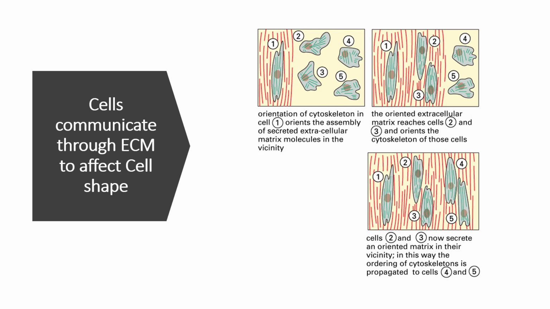The oriented extracellular matrix thereby reaches the cells and orients the cytoskeleton of those cells. Further, the cells now secrete an oriented matrix in their vicinity. So basically, in this way, they order the cytoskeleton and it is propagated to the cells.